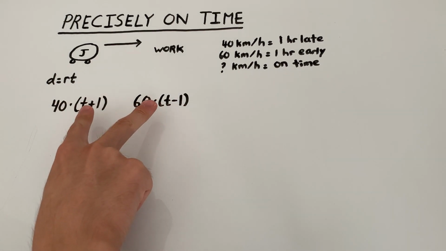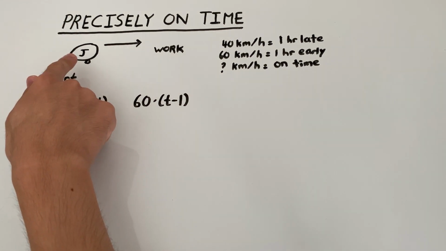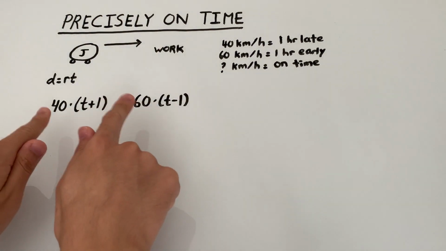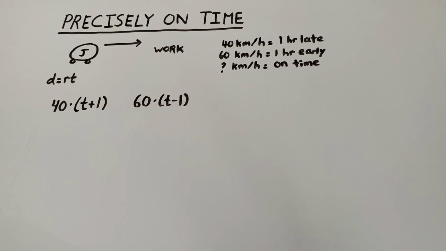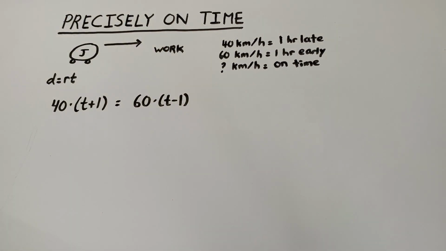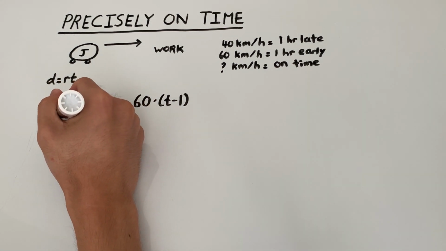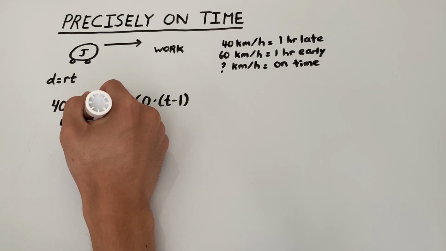Now both of these over here represent the distance between Jack's home and his work. These are rates and these are the times. So really, these two are equivalent to each other. And from here, we can solve for T. All we have to do is open this up.